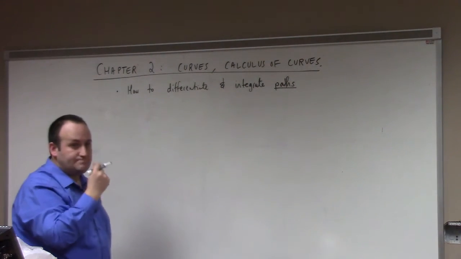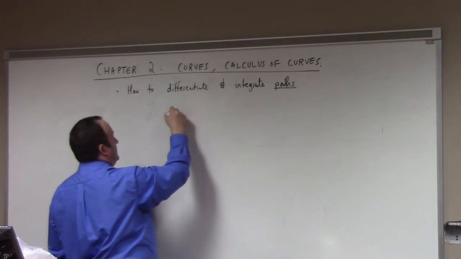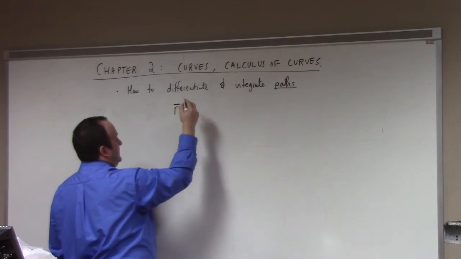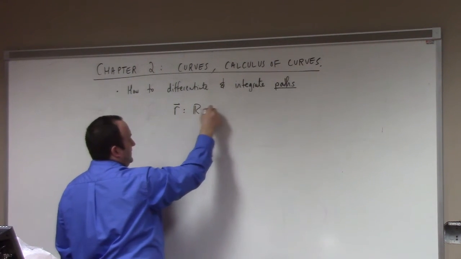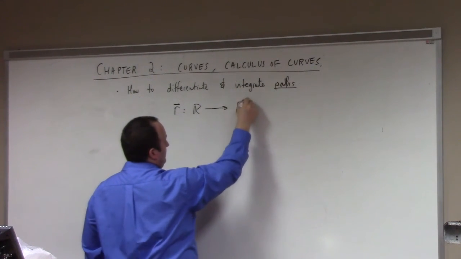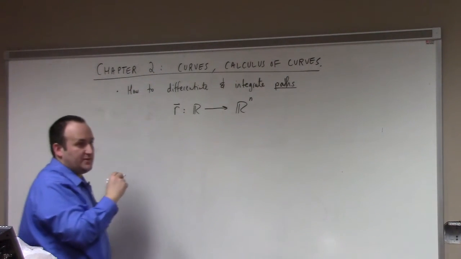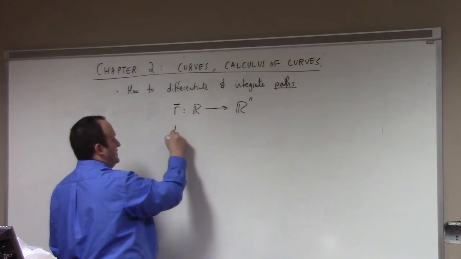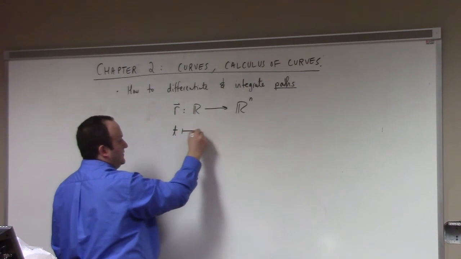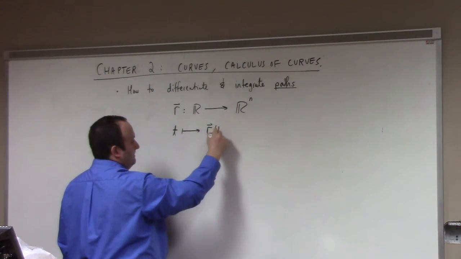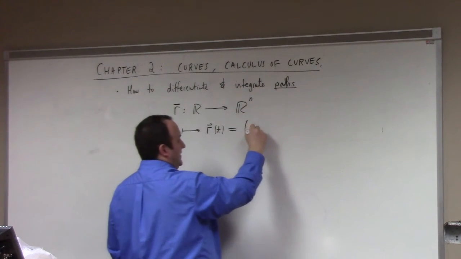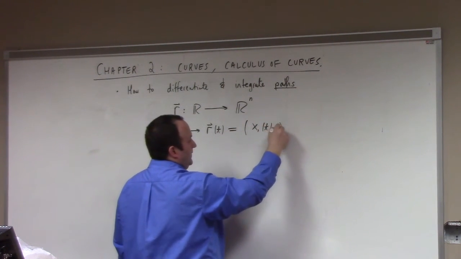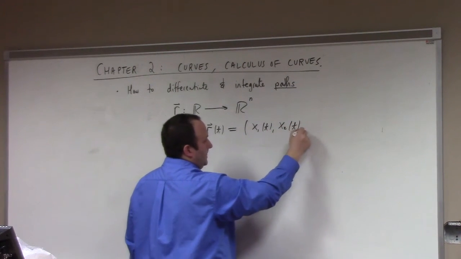What's a path? So a path, we've already talked about these. They're parameterizations. So a path is something like r goes from the real numbers to Rn, right? Specifically, we take the time t and we're mapping it to r of t, right? And this r of t is a bunch of things: x1 of t, x2 of t, dot, dot, dot.